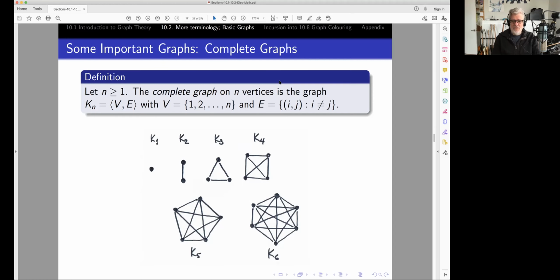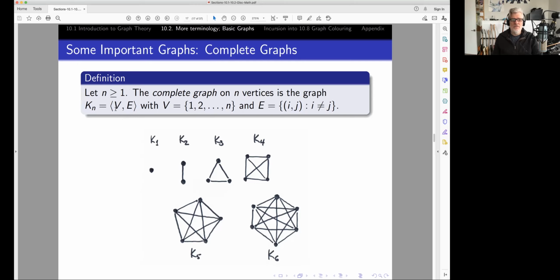So formally, let's call that K n for every n greater or equal to 1. The vertices are the numbers from 1 to n. And what are the edges? Every single pair of vertices, no loops.